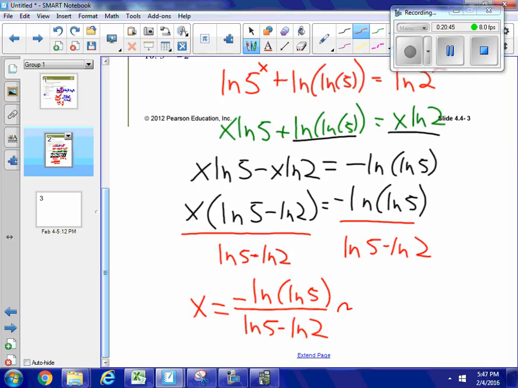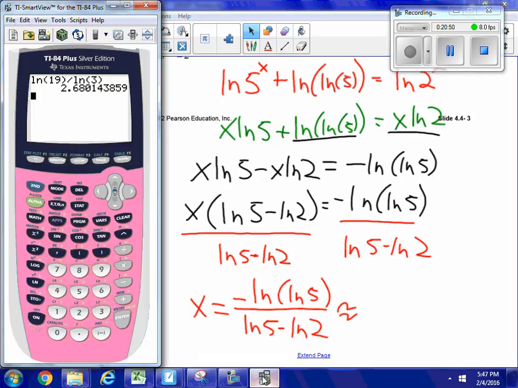And if I want to get a decimal approximation, well, I'll do negative ln 5. I think I'll just enter that and get an answer. And I'm going to divide it by my denominator of ln 5 minus ln 2.